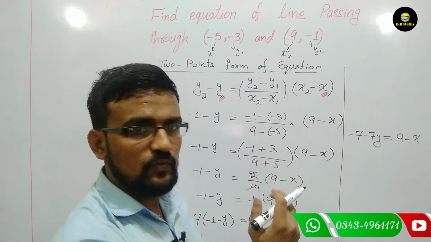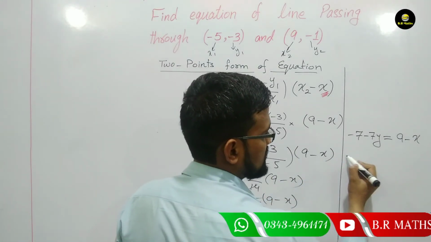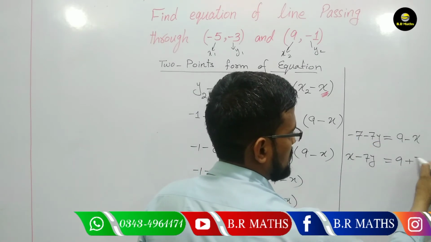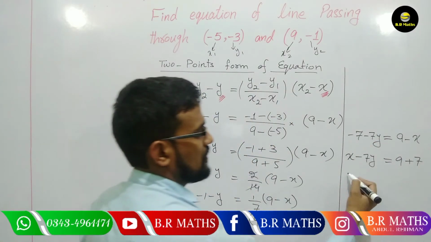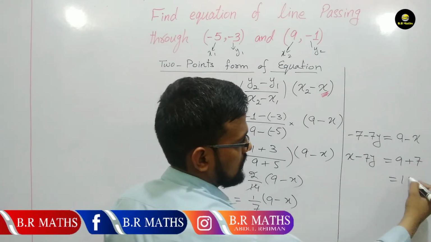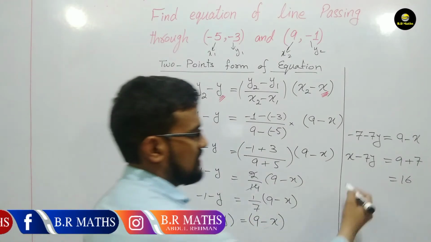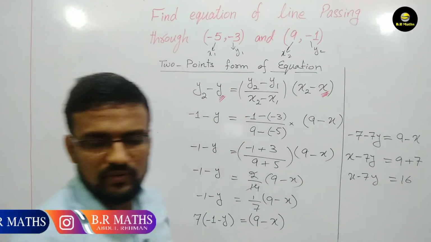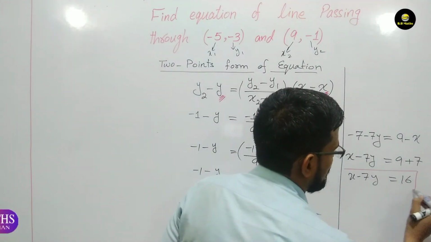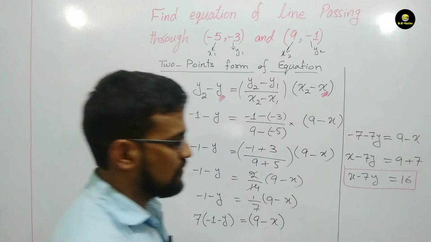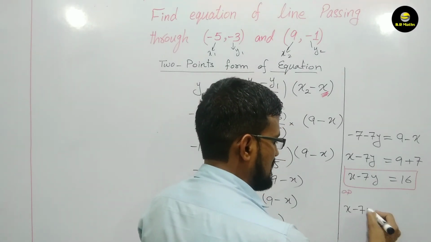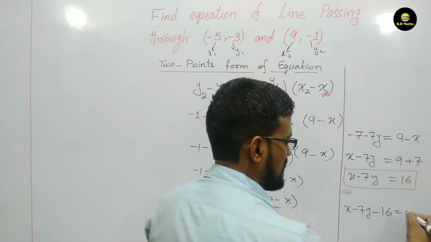So separate x and y: minus x becomes plus x, minus 7y equals 9 plus 7. 9 plus 7 is 16, so x minus 7y equals 16. This is the format, this is our final result. Or we can also write x minus 7y minus 16 equals 0.